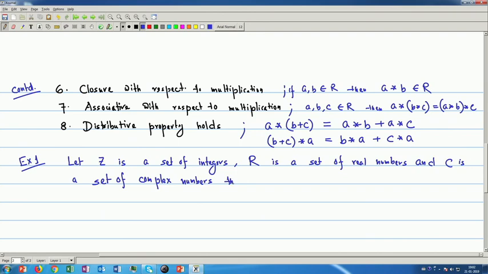Then the two binary operations, or operations defined on these sets, say Z or R, real numbers, or complex numbers, will satisfy all the properties.